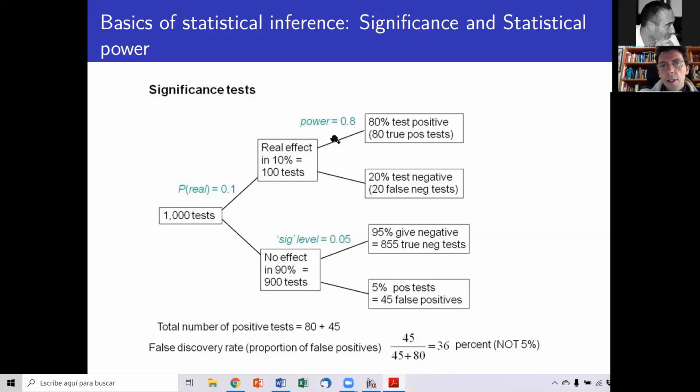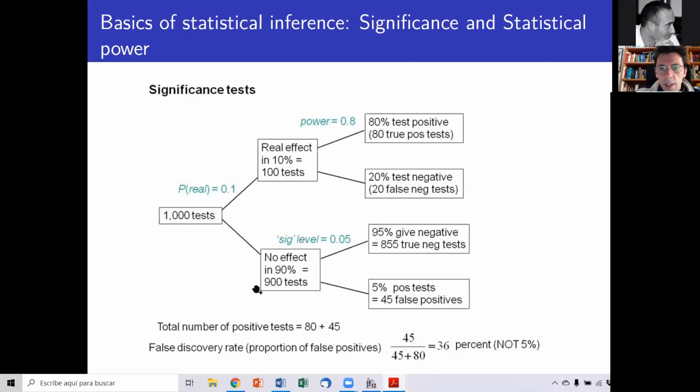Then come these ideas of significance level and power. So let's see significance level. With a significance level of 5%, that means that in 5% of the cases in which the drug doesn't make an effect, I see some effect just by being unlucky with my samples.